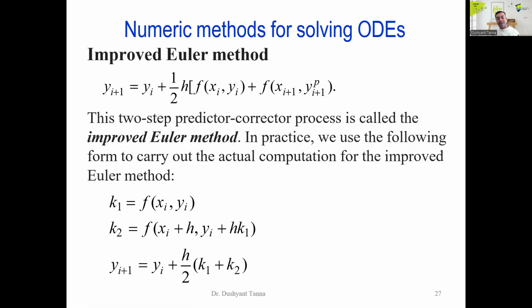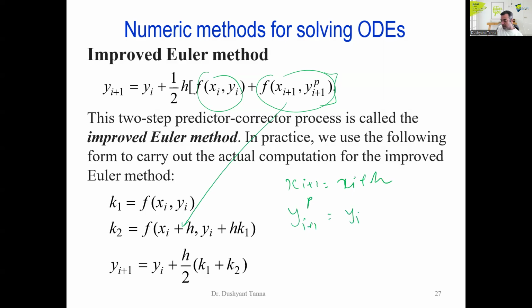Someone call it modified Euler method. In practice, we use the following form because it's very complex to observe it, right? So we use the following short notation using K1 and K2, right? So what is K1? We call this part as K1. We call this other part as K2, right? Now, please remember what is xi plus 1 is xi plus h. So rather than we wrote this, what is yi plus 1 predictor method?